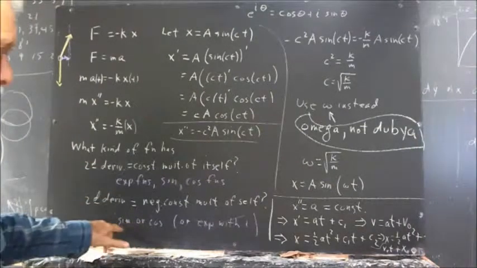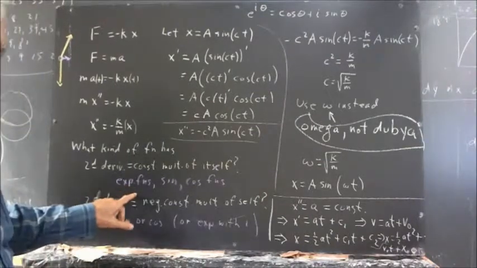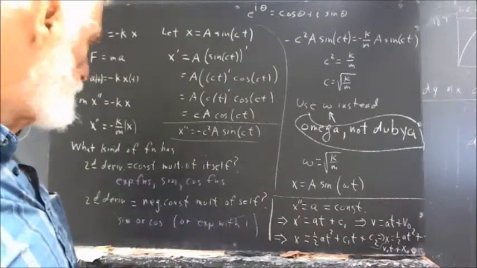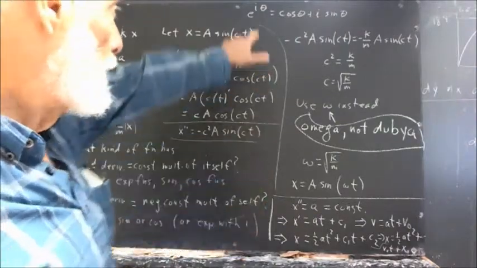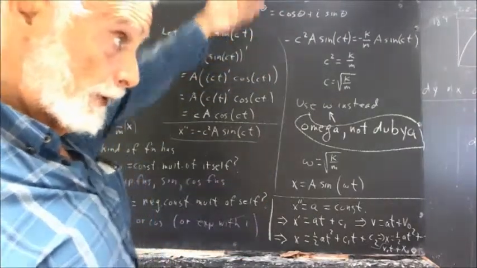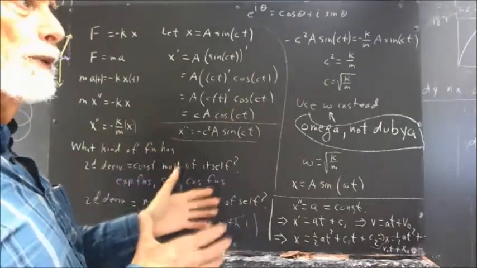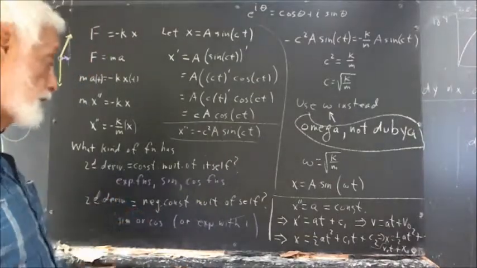So a second derivative that is a negative constant multiple of itself would require a sine or a cosine function. It would not work for an exponential function with a real exponent, but it would work for an exponent with an imaginary, like e to the it or something like that, because two derivatives of e to the it is going to give you i squared e to the it. i squared is -1, so you would have your negative multiple.